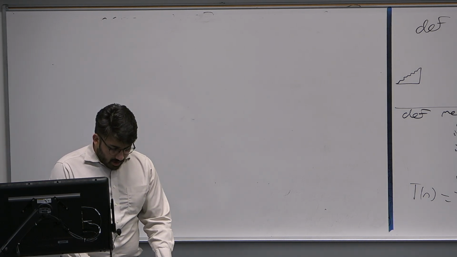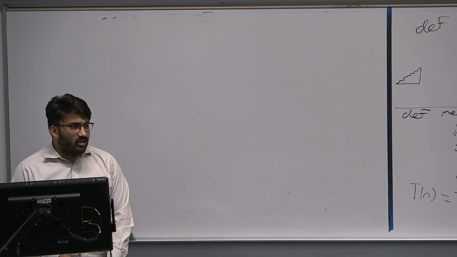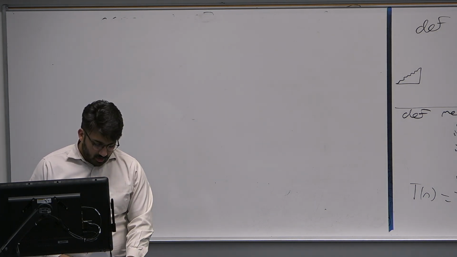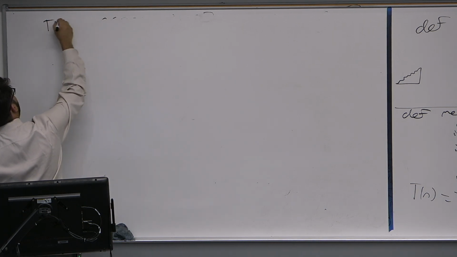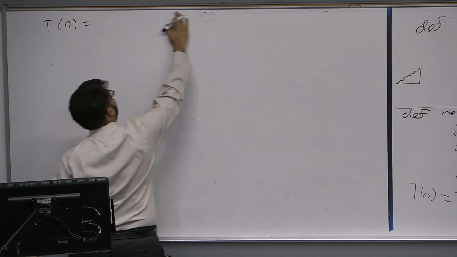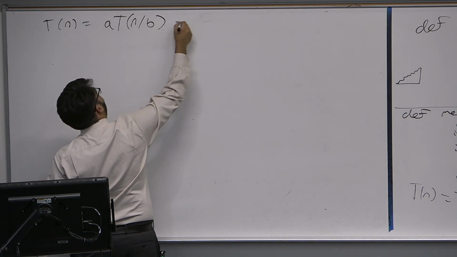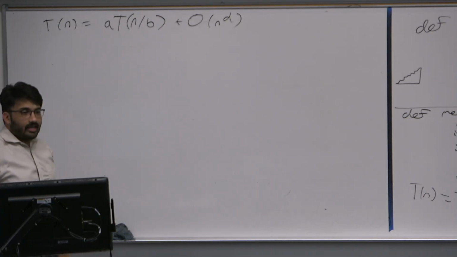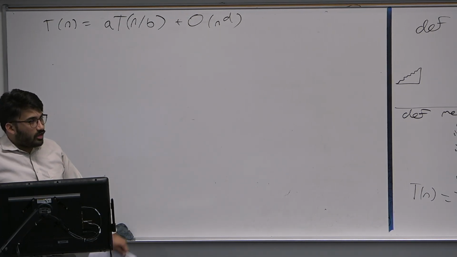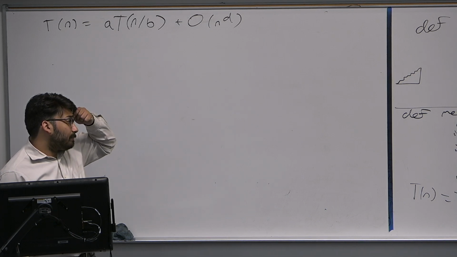Right. But what does the master theorem basically tell us? In general, given recurrences of a specific form, there's a way we can evaluate them. Suppose we have a recurrence of the form T of n equals A times T of n over B plus O of n to the D. This is the recurrence for merge sort.